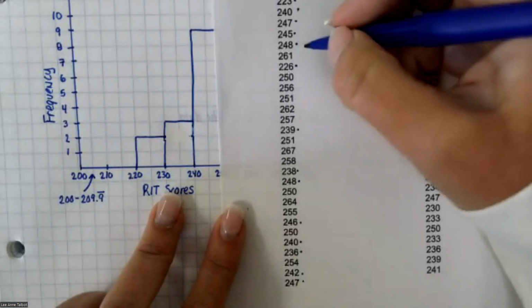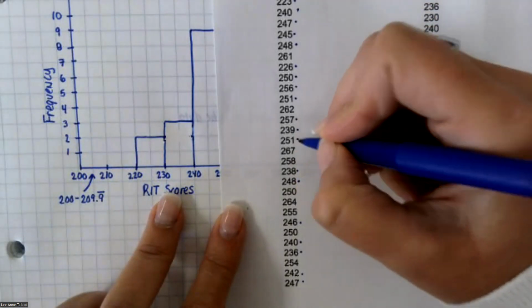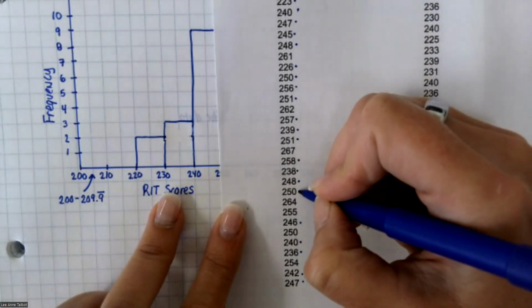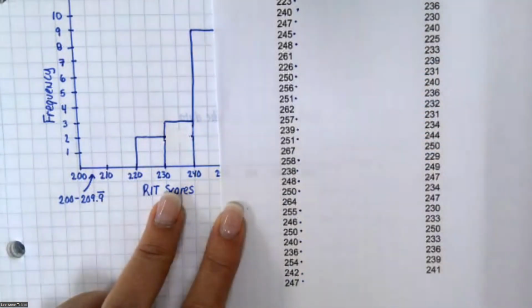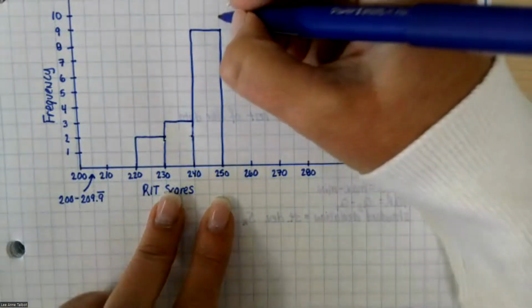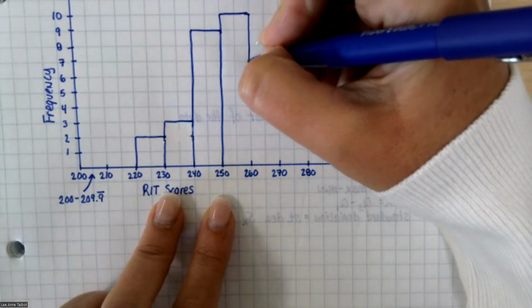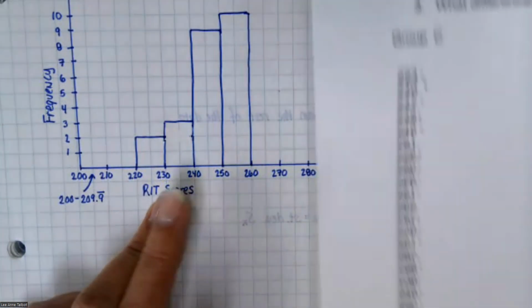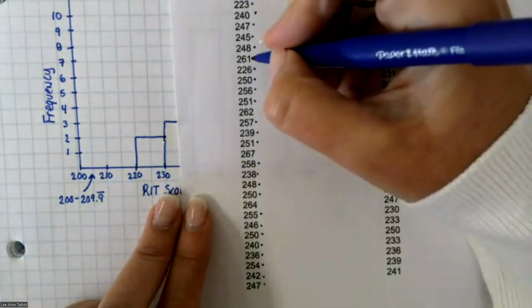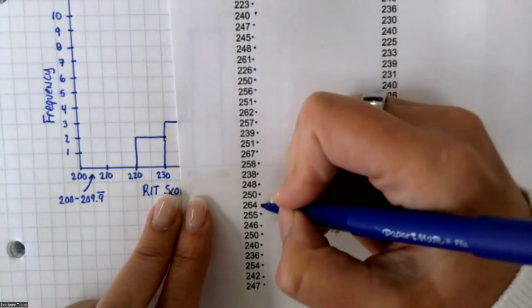Okay, 250s. 1, 2, 3, 4, 5, 6, 7, 8, 9, 10. Cripes. Good thing I made it go up to 10. 1, 2, 3, 4.